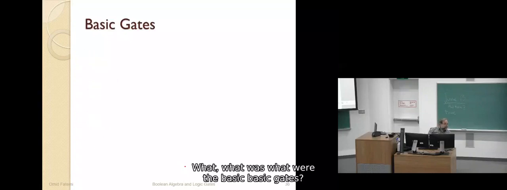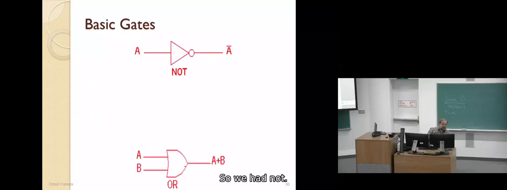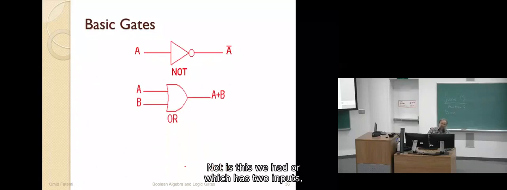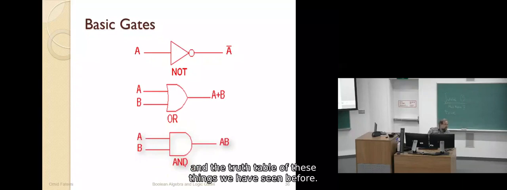Just a review. What were the basic gates? They were NOT, AND, OR. So we had NOT, which is this. We had OR, which has two inputs, one output, and AND. And the truth table of these we have seen before.